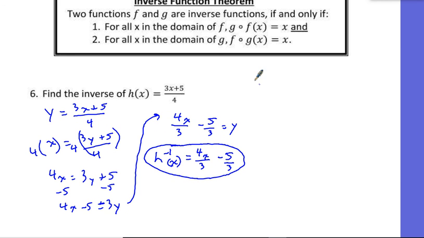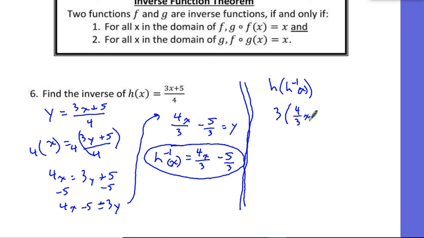I'd like to verify algebraically, so I'm going to do h of h inverse of x, which is going to be 3 times (4/3 x minus 5/3) plus 5, all over 4.